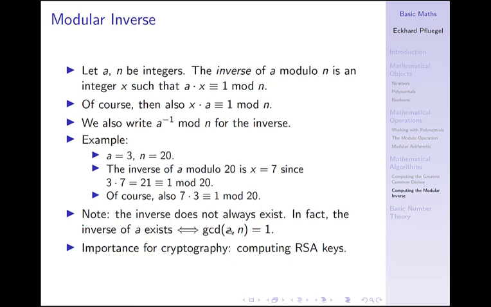So if the GCD of a and n is 1, then I can find such an inverse, and it will be unique. We will later see that this is very important in cryptography for computing the RSA keys. That is only one of many important applications of this fact, and many theorems use it.